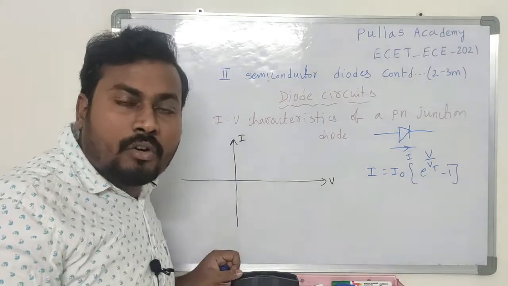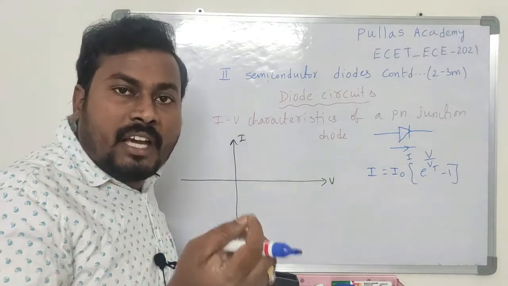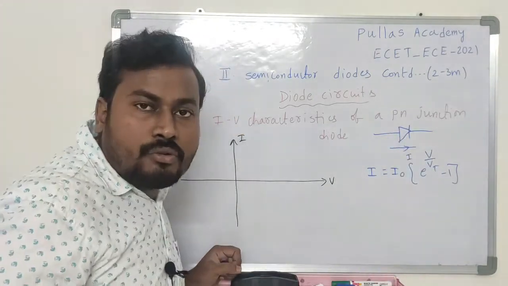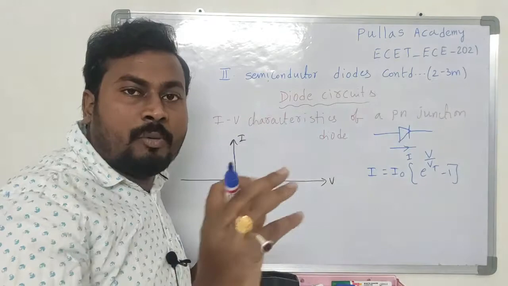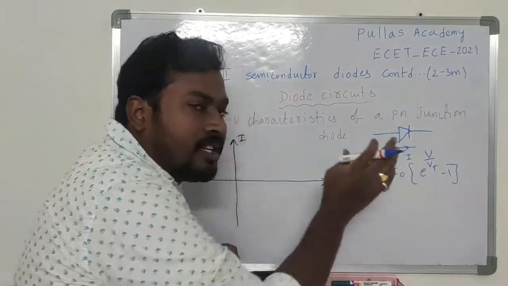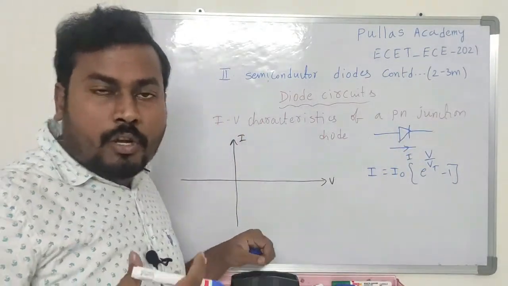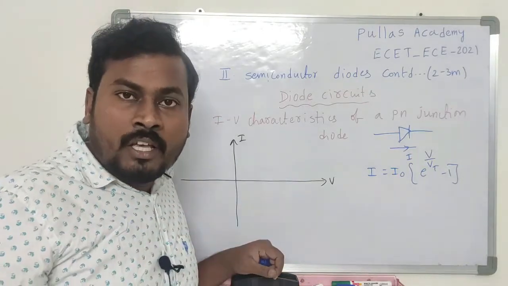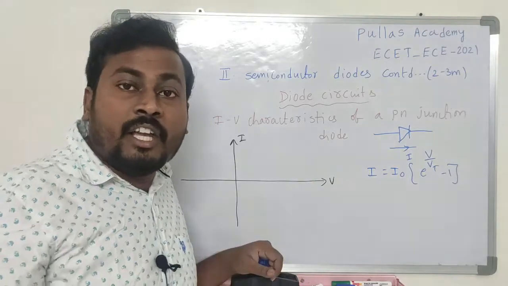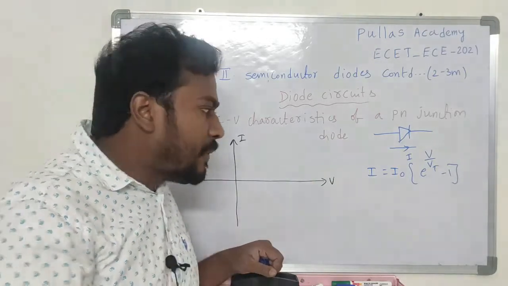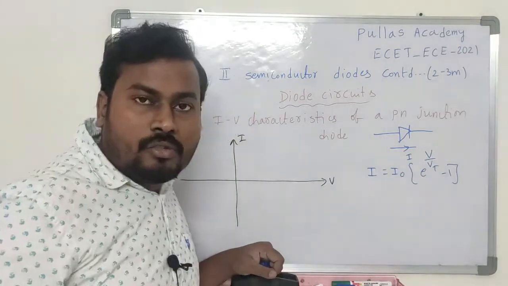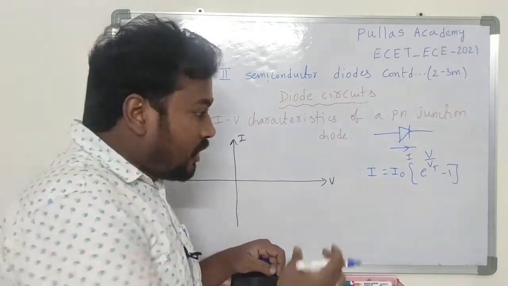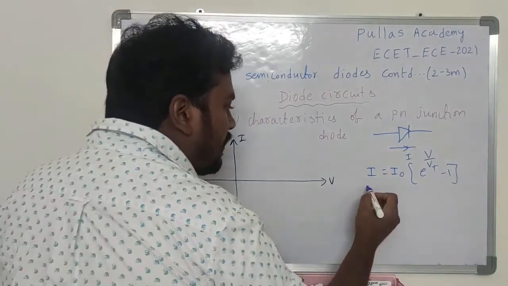This current is diffusion current. So when the PN junction is in the forward bias region, the current flowing through it is diffusion current, and the expression is given as I is equal to I naught into e power V by Vt minus 1. Each term I have also clearly mentioned.